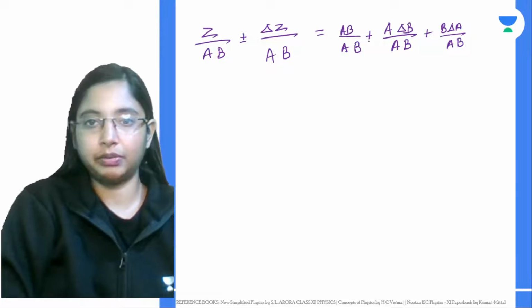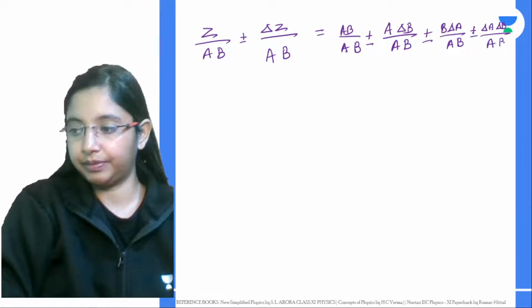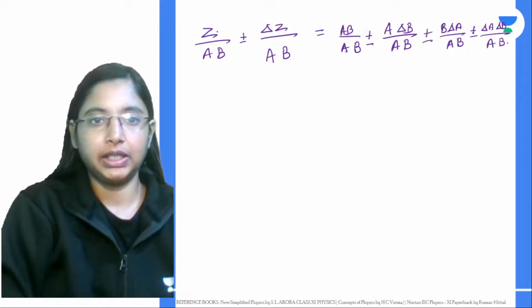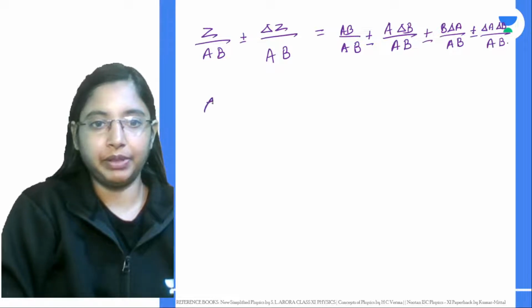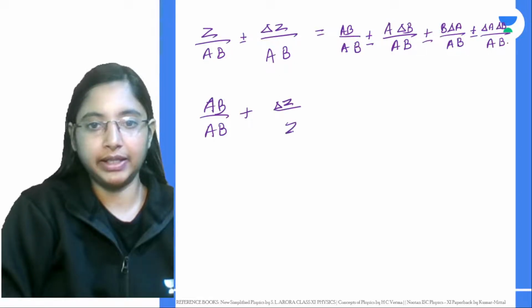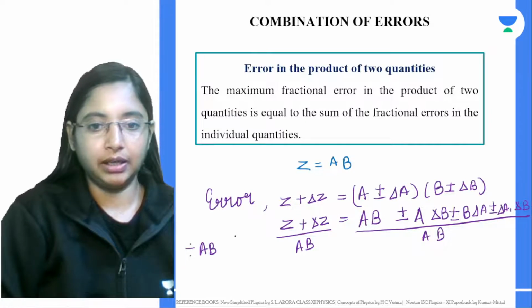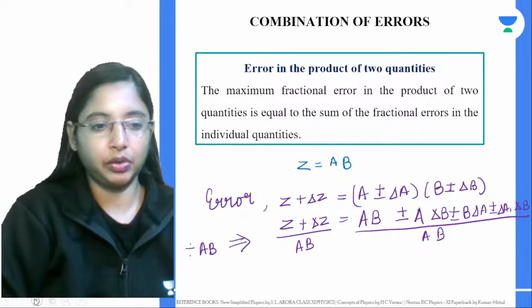Sorry, this will be plus or minus, again plus or minus delta A delta B by AB. This is what we have. Here Z is nothing but AB, so instead of AB I can write Z because that's what we defined, Z is equal to A into B.